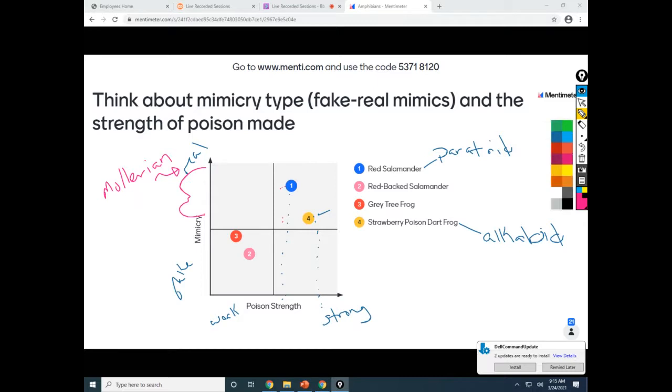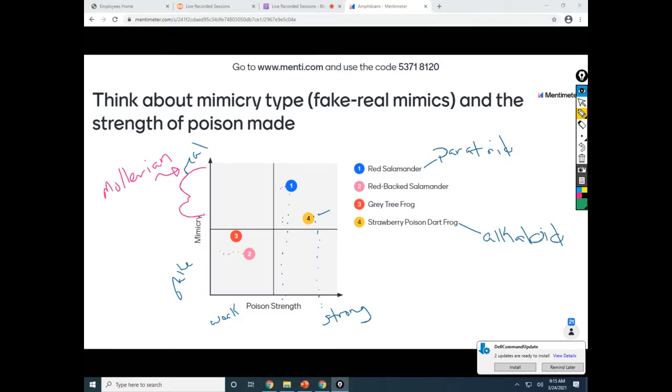Switch colors here. Take a look at our number 2. Our redback salamander, is he or she poisonous? No, right? So we're in the correct quadrant.